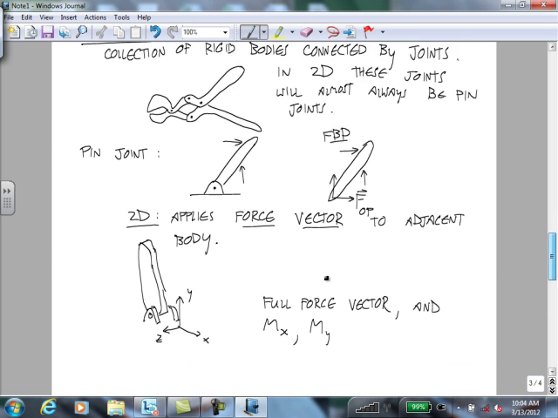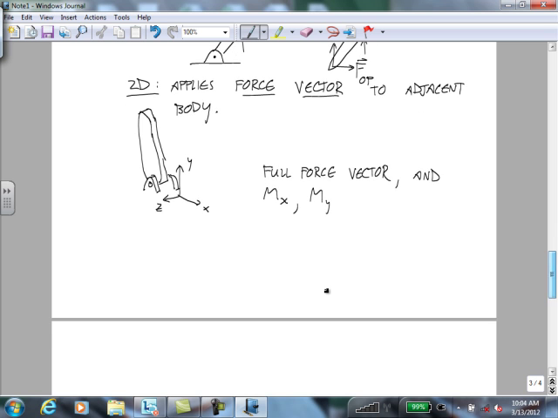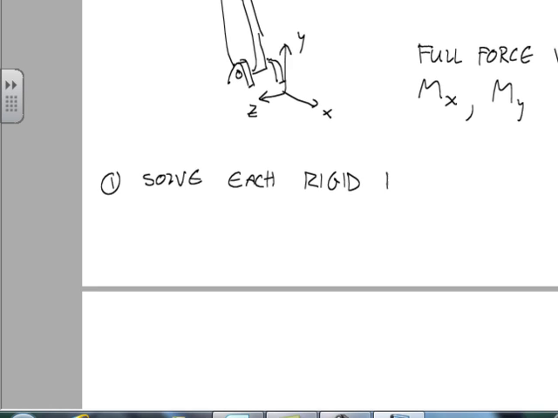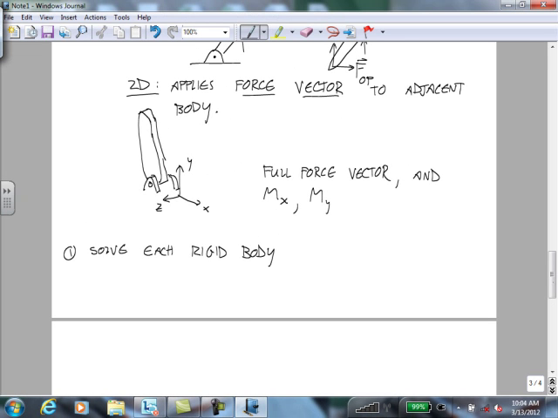So with linkages, the idea is this. We're going to solve each rigid body. And then we're going to need constraint equations.